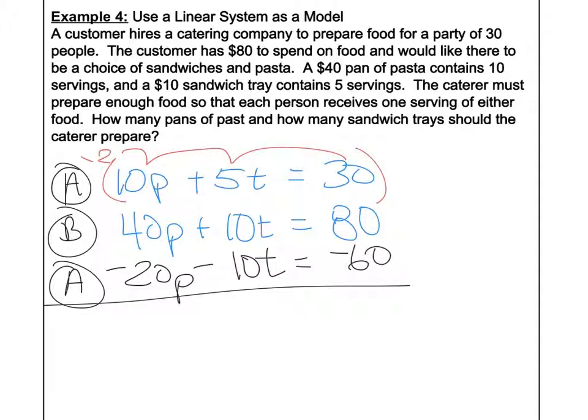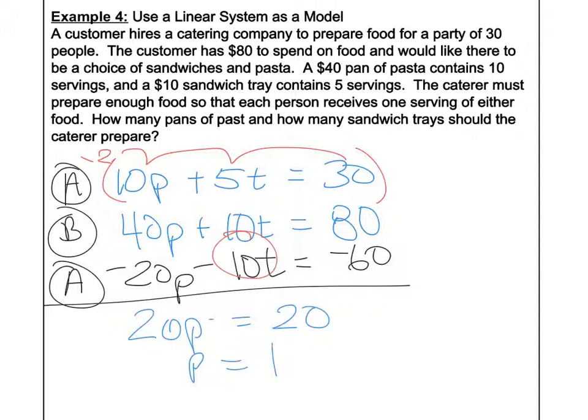Now I can work out these two. The T's cancel out, and we have 20P equals 20. Divide by 20, and P equals 1.